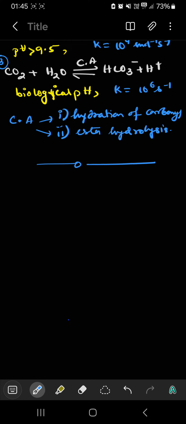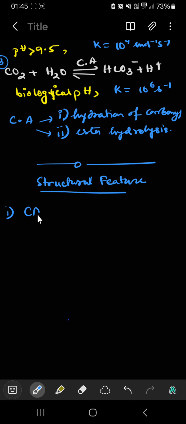Based on their functions and activity, carbonic anhydrases are of three types. One is carbonic anhydrase 1, number 2 is carbonic anhydrase 2, and number 3 is CA3.